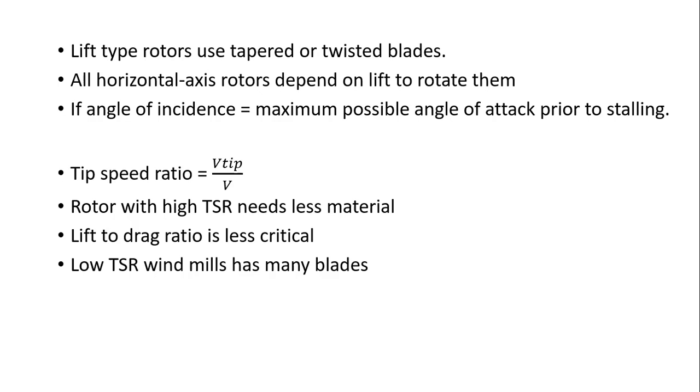For this reason, an efficient wind rotor requires the blades to be twisted so that the optimum angles of incidence are obtained at all radii when the machine is running at its design speed.